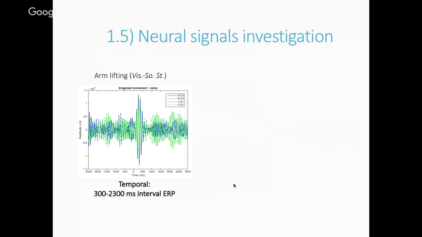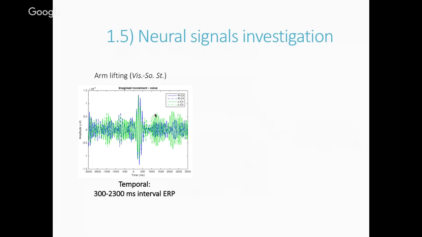So now we can have a look at the evolution of the amplitude modulations over time in the mu band, which corresponds here to arm lifting. And we can see already that the first peak relates to the visual processing of the stimuli, which is equal in both cases, left or right visual arrow.